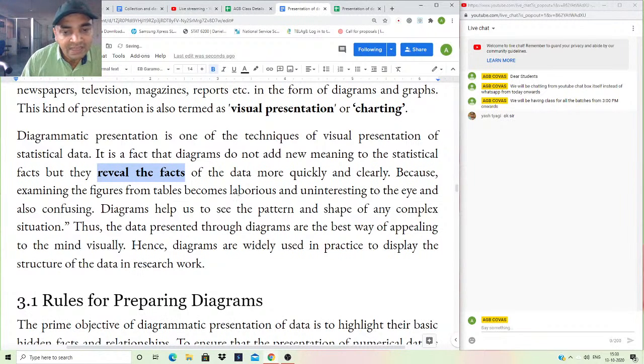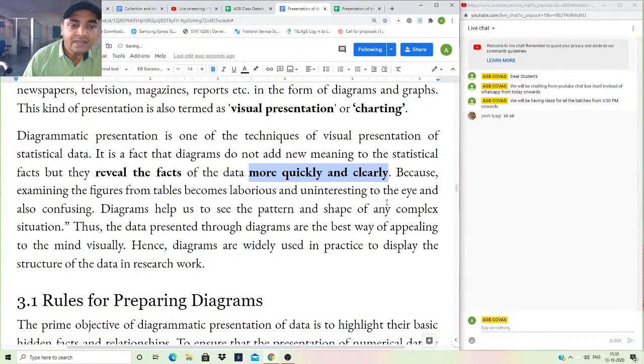They reveal the facts more quickly and clearly. If it is a true or false question, do diagrams add new meaning to statistical facts? No, they reveal the facts of the data more quickly and clearly. Why? Because examining the figures from a table becomes laborious, uninteresting to the eye, and also confusing.